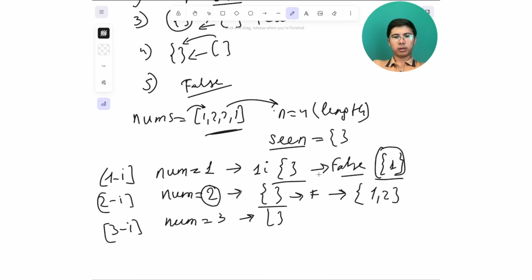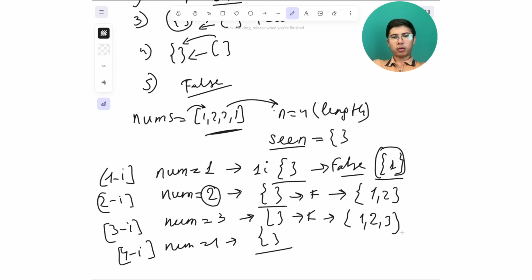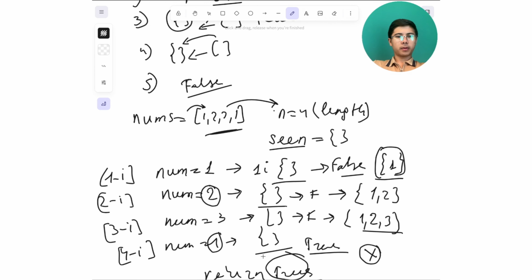We check the set, the answer is no, and it is also inserted. In the fourth iteration, we see the number 1. We already have 1, 2, 3, so this element is repeated in the set. The answer is yes, that means true. The operation stops here, and our final return is true. That's it.